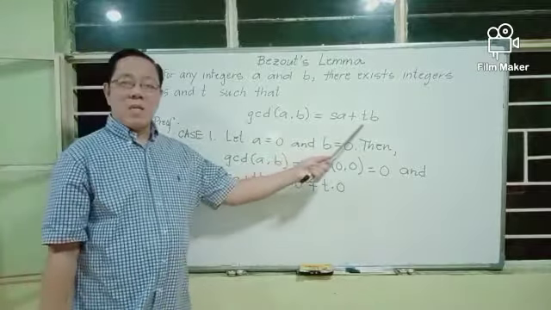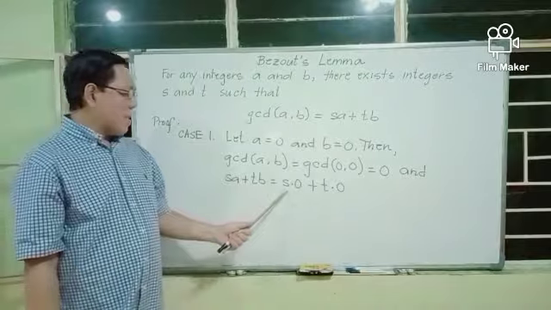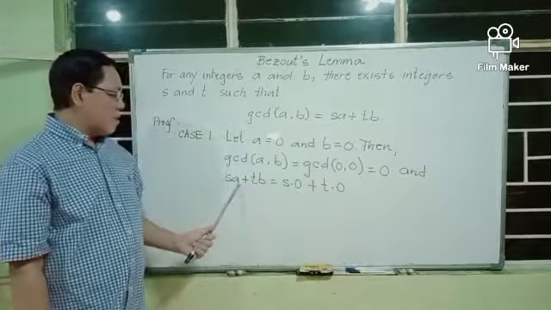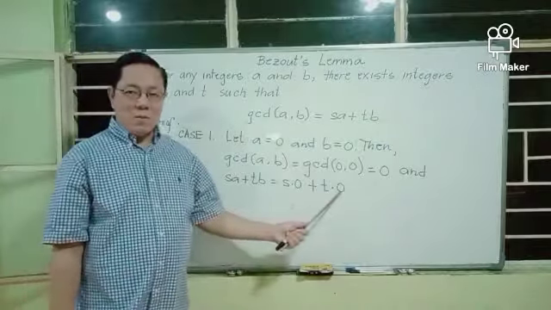The right-hand side of this equation, which is s times a plus t times b, becomes s times 0, because a is 0, plus t multiplied by b, which is 0.